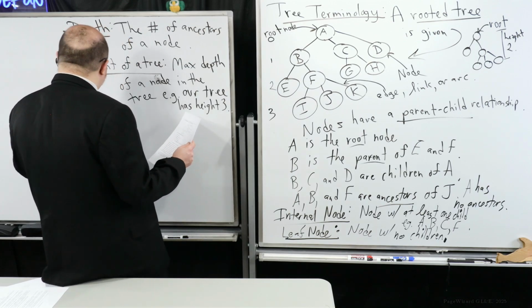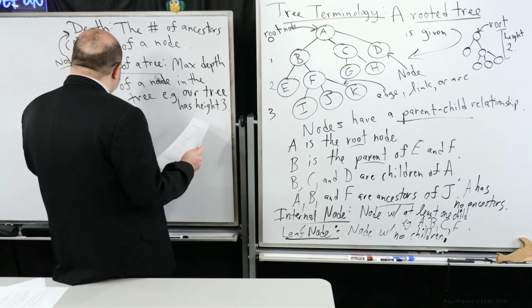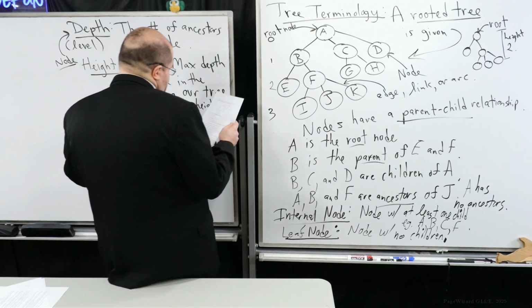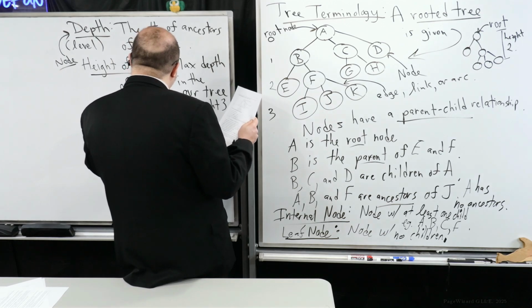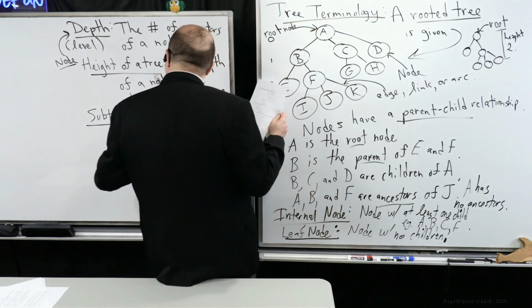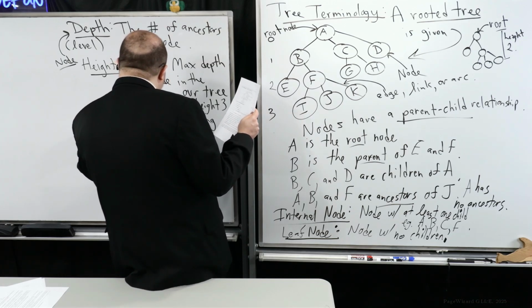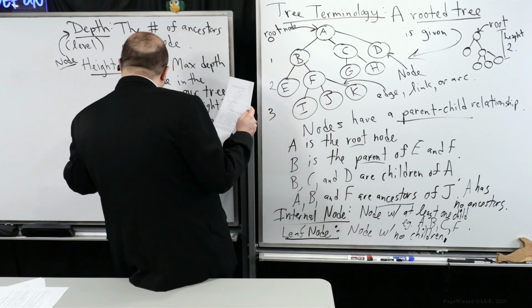Next, sometimes it's really helpful to talk about what we call a subtree. This is simply a tree consisting of a node and its descendants.